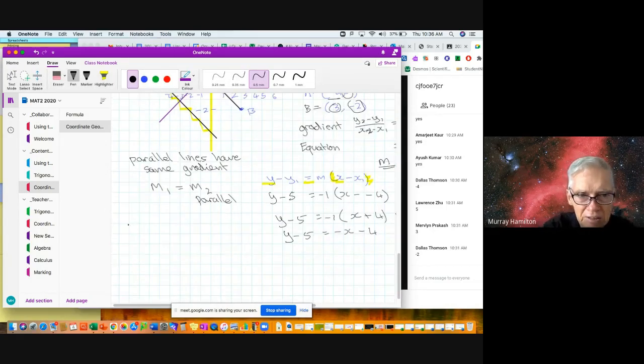So that's the next thing you need to know, that perpendicular lines, now perpendicular means meet at right angles. So I'll put that underneath: meet at 90 degrees, right angles. Perpendicular lines have gradients that multiply to -1.